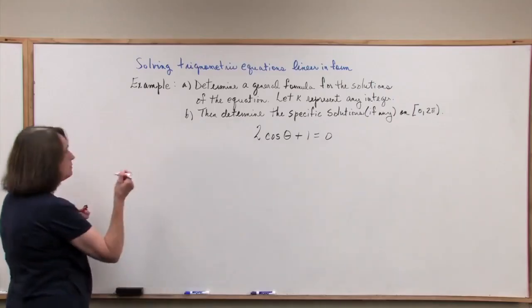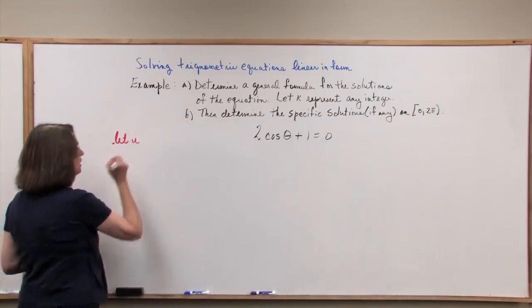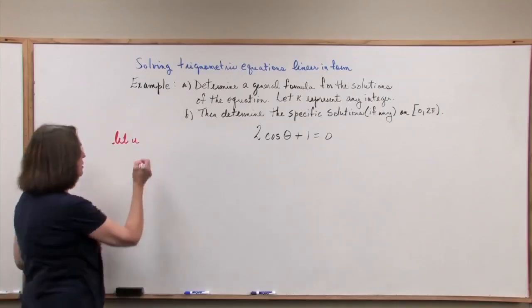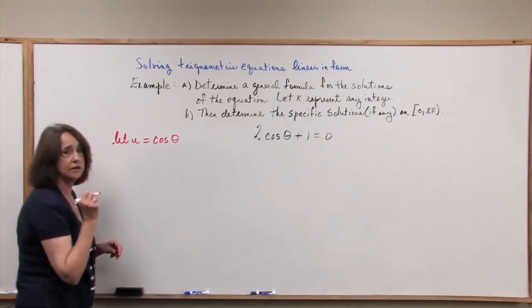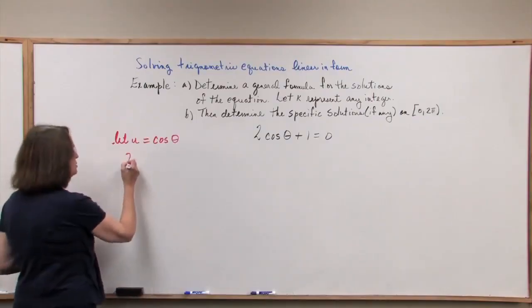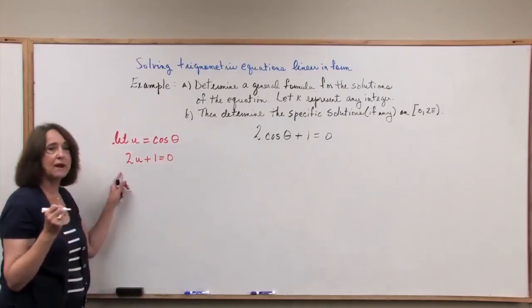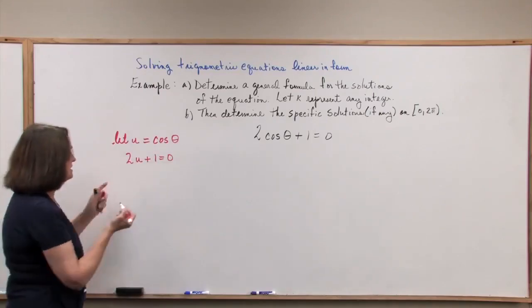So you might come here on the side and use substitution. You could use any letter, U or X or Y or W, and let that be the trig function. Making the substitution, you should see an equation that you recognize from algebra. What do we do to solve this equation?